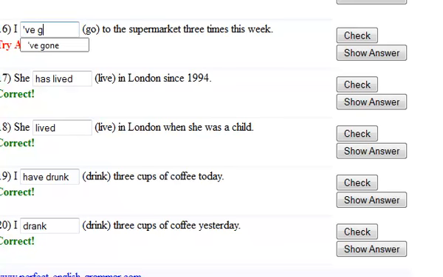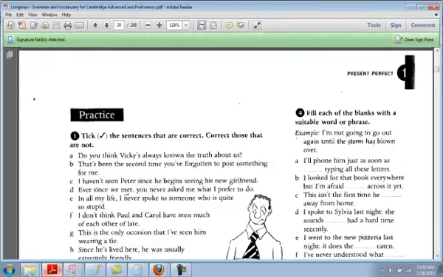I don't understand why it's false. Let's see. I've been. I don't really get it. Okay. Well, we can also use I have gone, and this is a small mistake I made. So let's try now some harder examples.